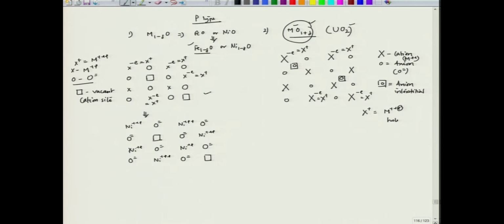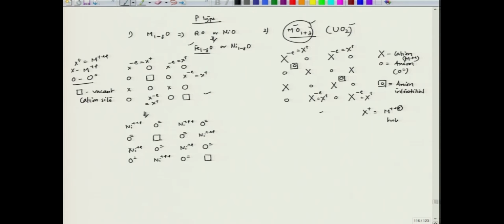In this case, diffusion is via the cation diffusion through the vacant cation sites, but here it is diffusion of oxygen via interstitial oxygen diffusion, or the interstitial anion diffusion.